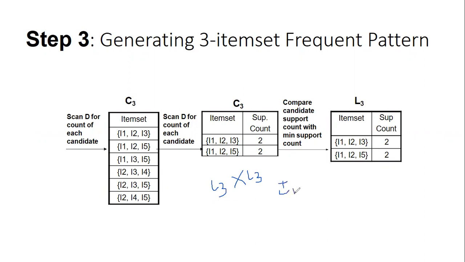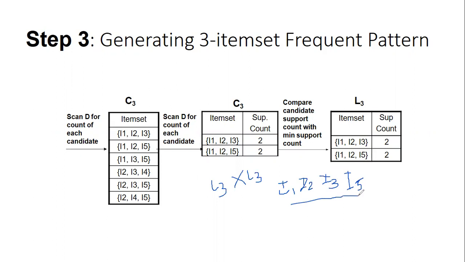I1, I2, I3 and I5 will result in I1, I2, I3, I5. Please bear with my writing.